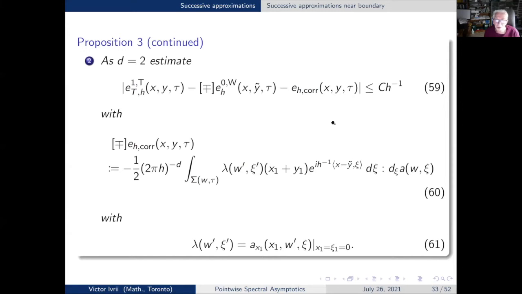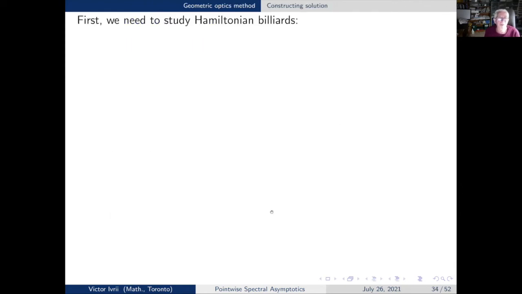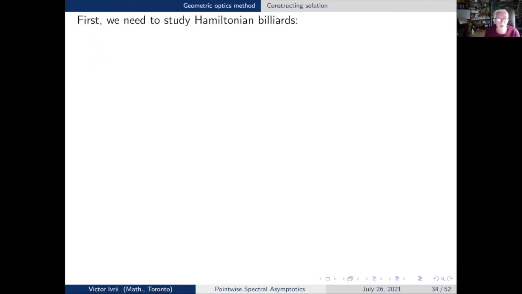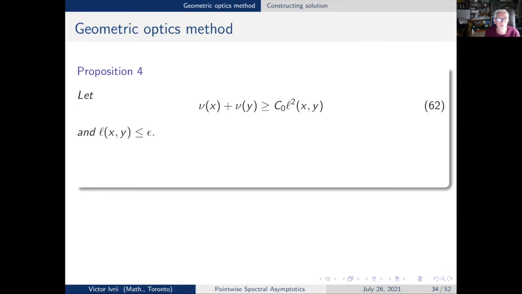And for D, we need to be a bit more sophisticated. Now we need to study Hamiltonian billiards. And proposition 4.